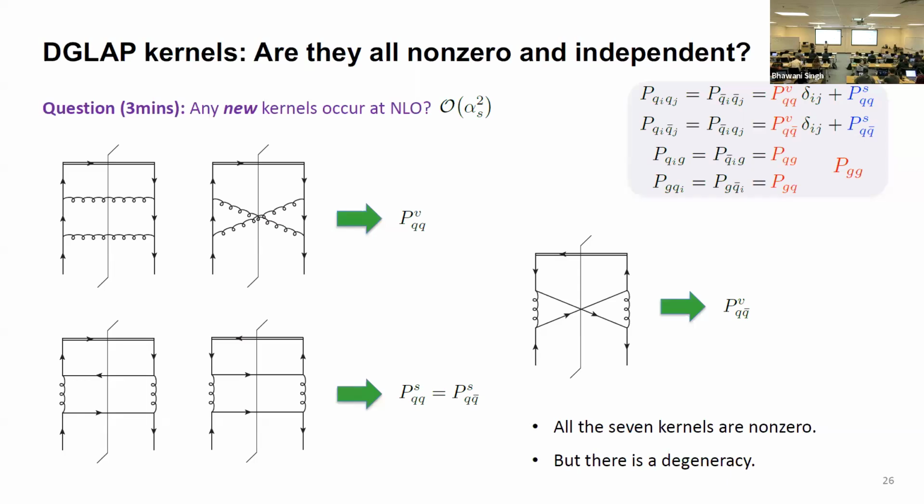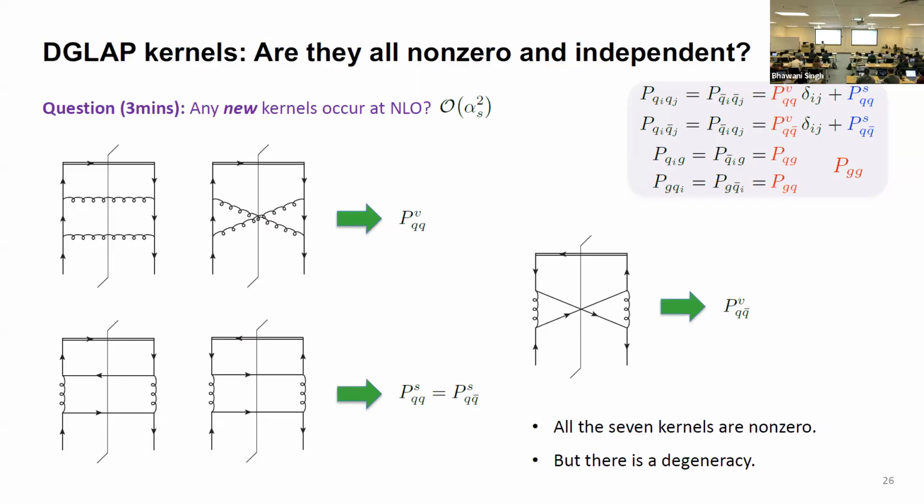But for the other one, PQ to Q bar valence, has anybody thought about this diagram? It looks weird, but it's there. It's a quark that first splits to a quark and a gluon, and this gluon further splits to an antiquark and a quark.